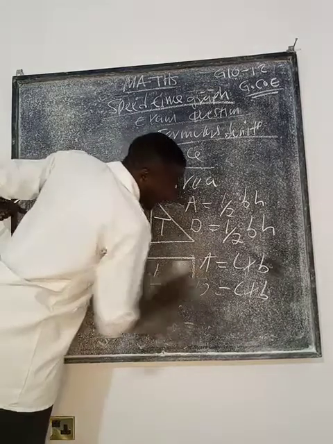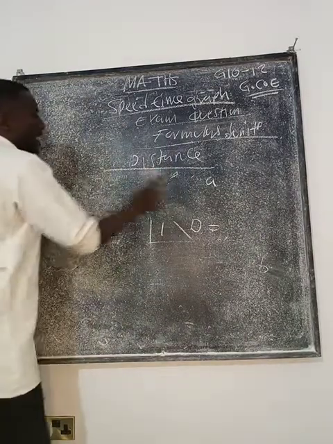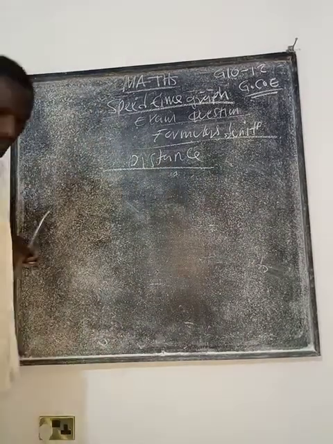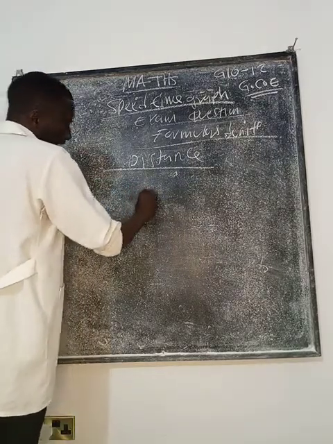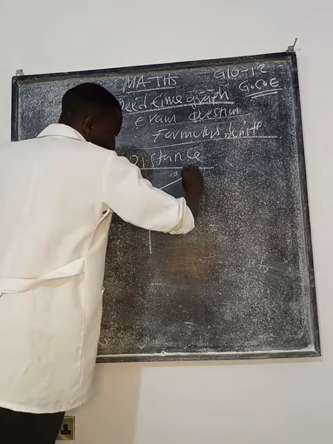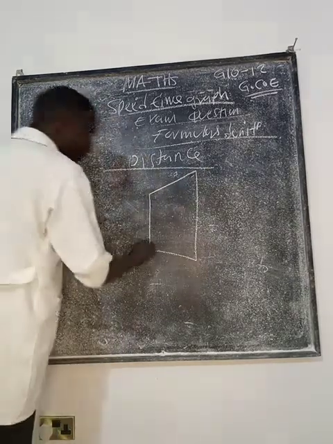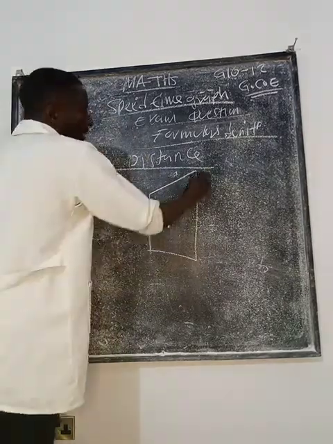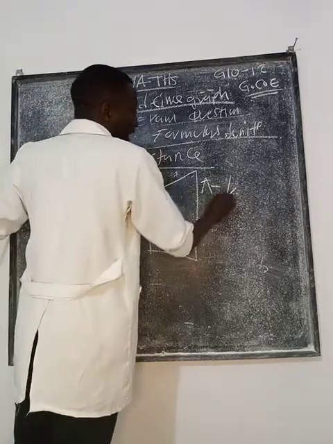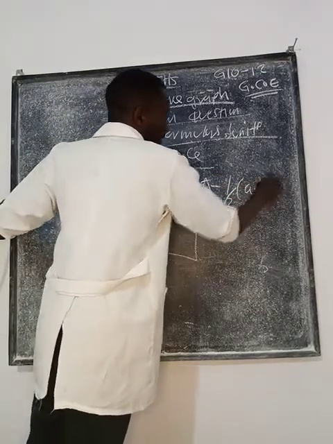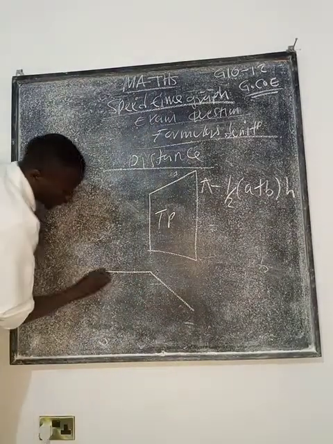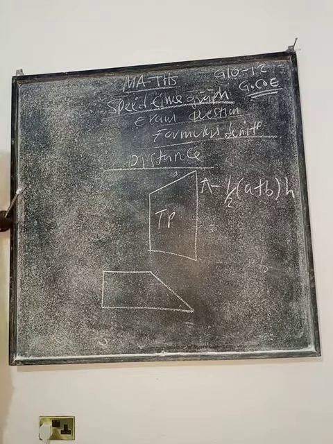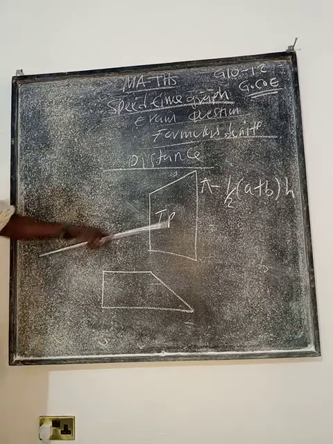Last but not the least, you can see what we are calling a trapezium. Its area is half (A plus B) times height. So it can appear like this, or it can also look like that. If you take note, if it's not this, it is that.